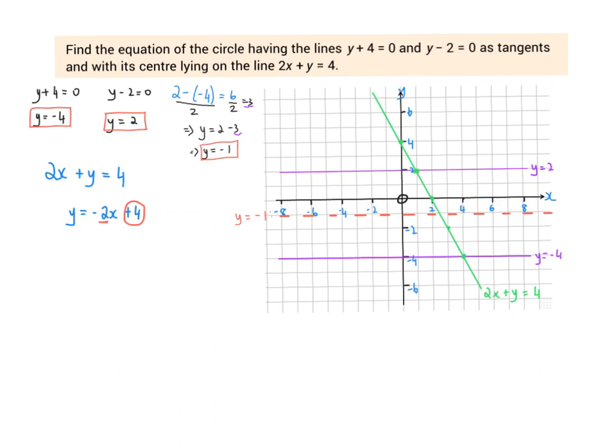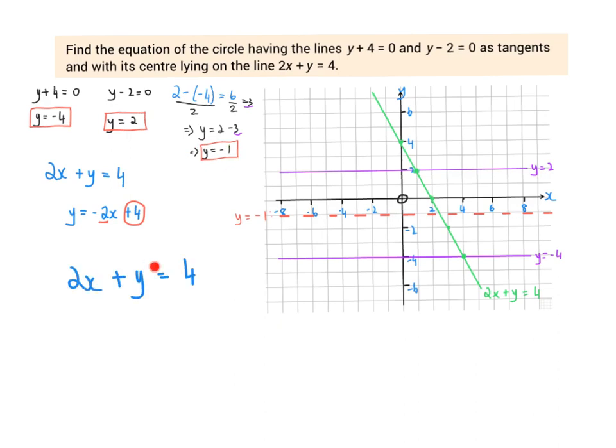Okay, so there is our line drawn in, and we can see it intersects somewhere around here with the line y equal to minus 1. So just for greater accuracy, let's do this algebraically. Here we have the equation of our line, and it intersects at y equal to minus 1.